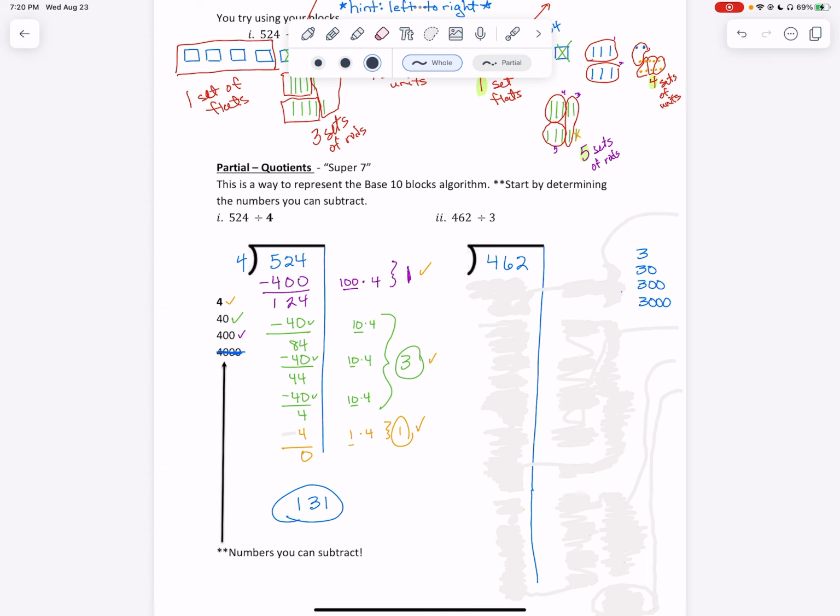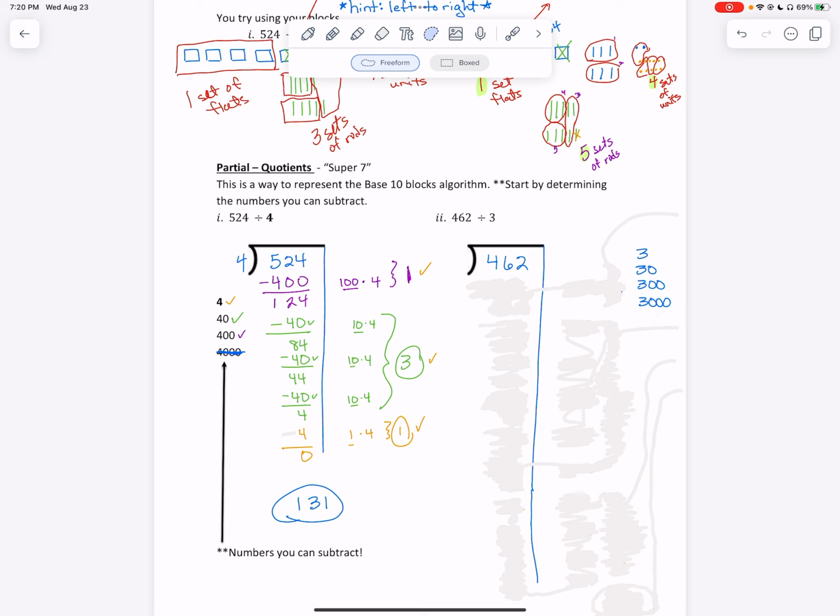Again, since we're doing groups of threes, sets of threes, that's going to be 30, or we can have 3 rods. 3 rods is going to be 30. Or we could have 3 flats, which is going to be 300. We could have 3 of our cubes, which is 3,000.